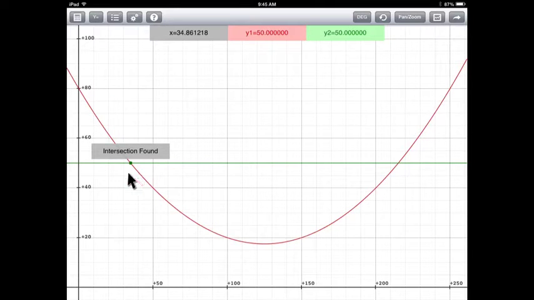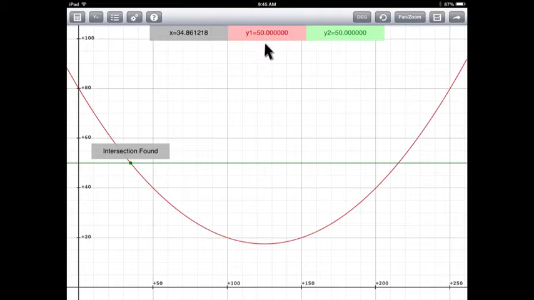I can trace and say snap to the intersections. So I looked for the intersection of the green line, which is 50 feet, and the red curve, which is the height of the suspension bridge. And I found one of the intersections, and that happens at about 35 feet from the left-hand tower.